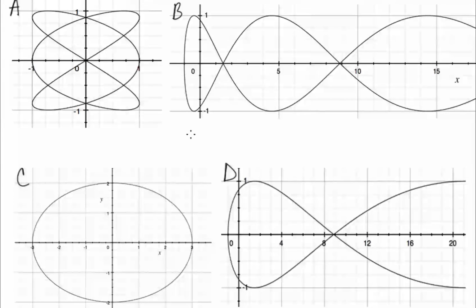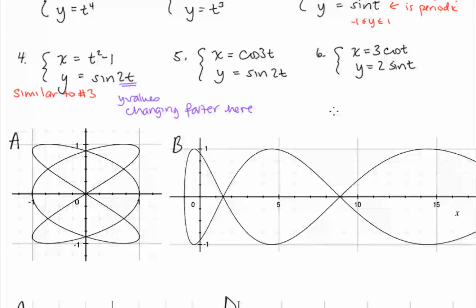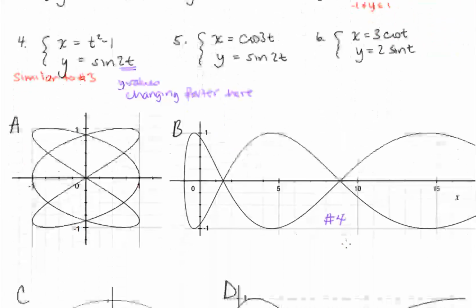Notice that the y values in graph B are changing much faster. They make a full oscillation from 1 back up to 1 in maybe about 15 units, whereas here we're only making half an oscillation. We're going from 1 to negative 1 in about 20 units in x. So the y values in B are oscillating much faster, and that is going to be graph number 4. And graph number 3 is then going to be D.